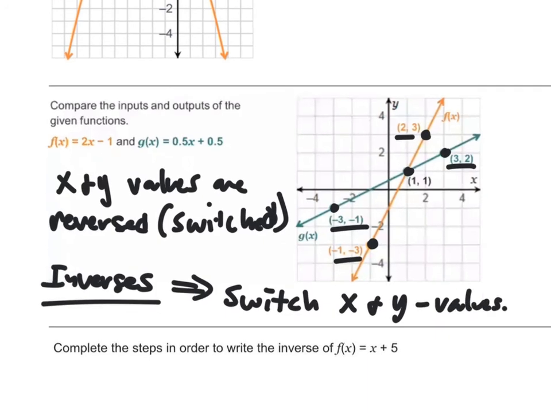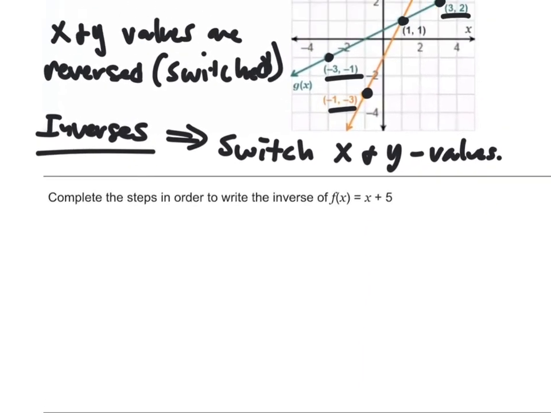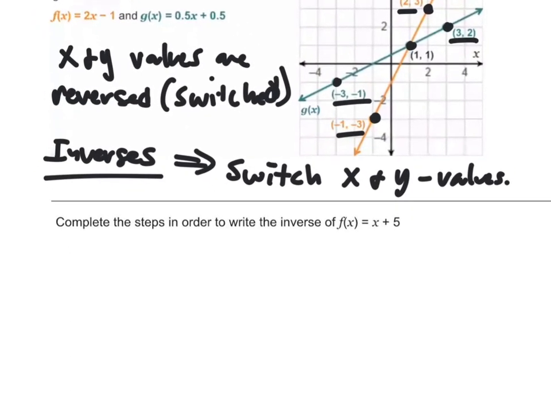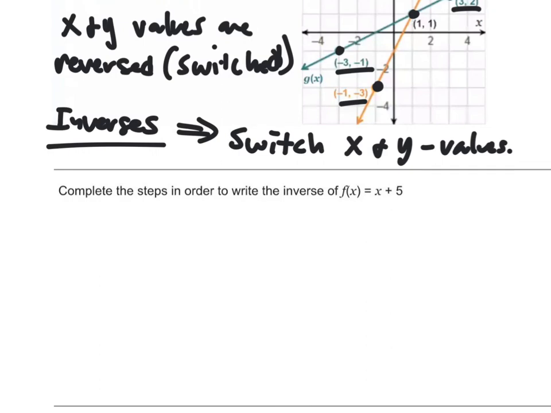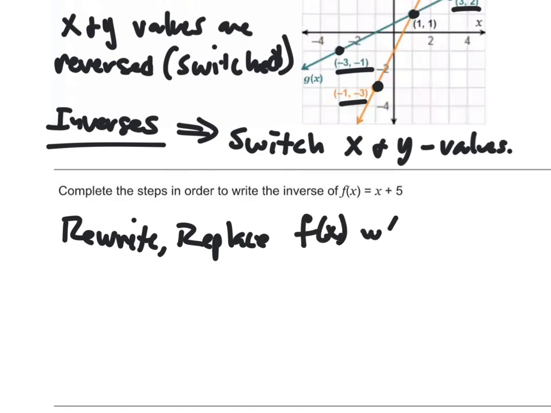I'm going to show you how to do that. We'll study that more, but here it says complete the steps in order to write the inverse of f of x is equal to x plus 5. So first of all, I'm going to rewrite this, and I'm going to replace f of x with y.